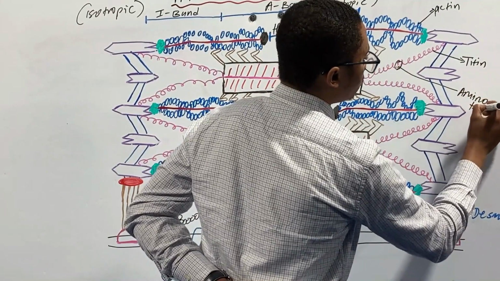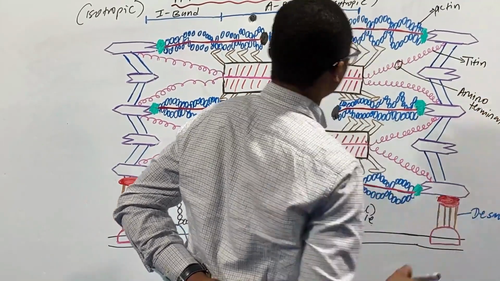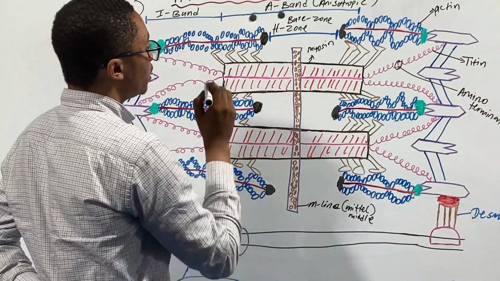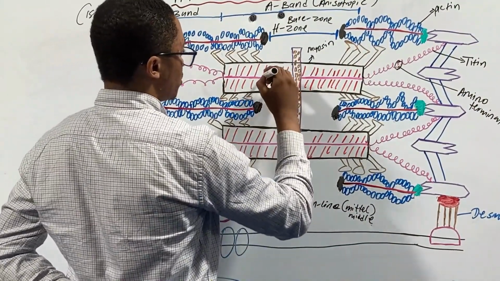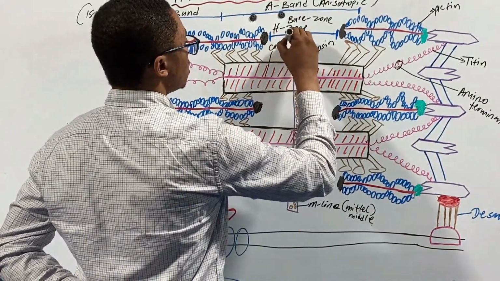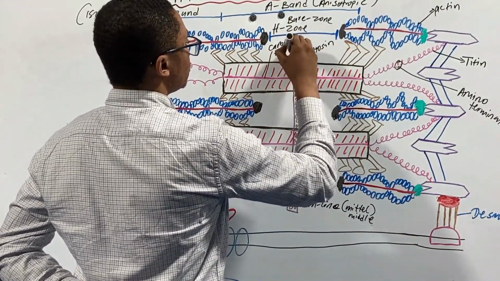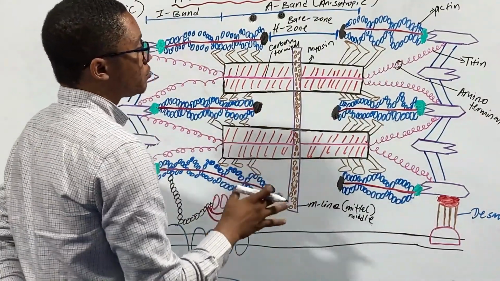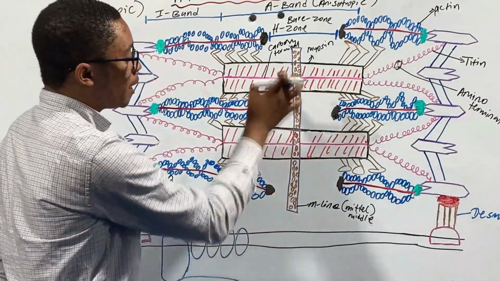The one that runs through the myosin is the carboxy terminal. All right, let's move now into the M-line proteins.